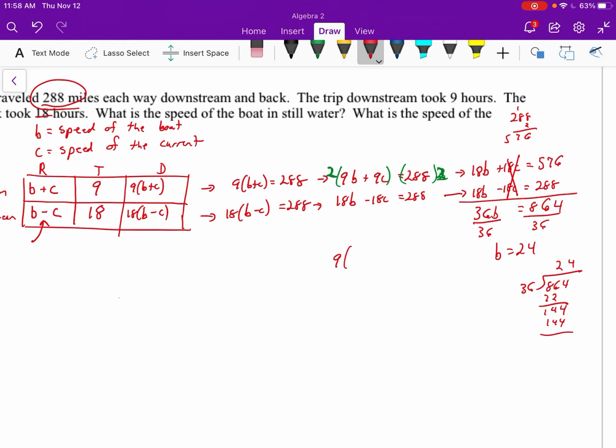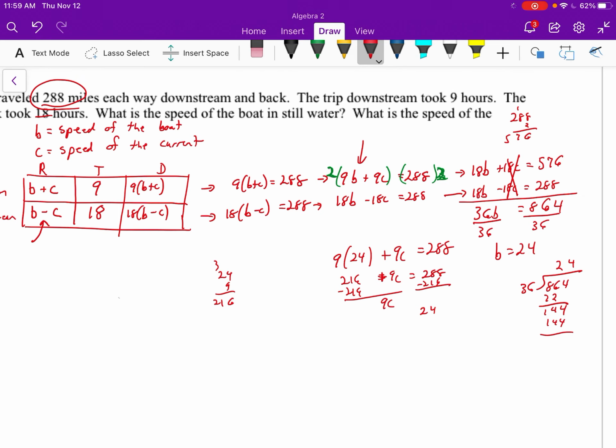So I'm going back into my first equation. 9 times the speed of the boat plus 9c equals 288. 9 times 24, I guess I should do it over here. 24 times 9 is 216. Plus 9c equals 288. Subtract 216 from both sides.